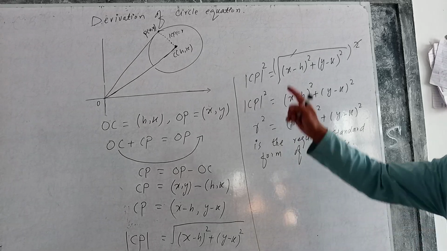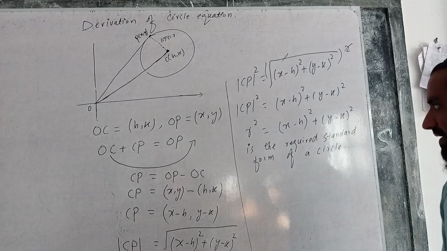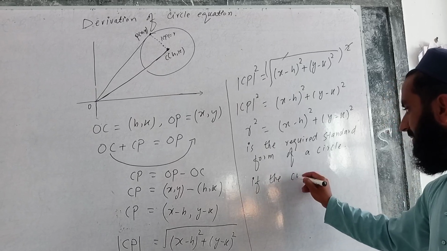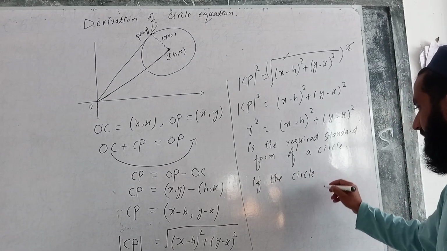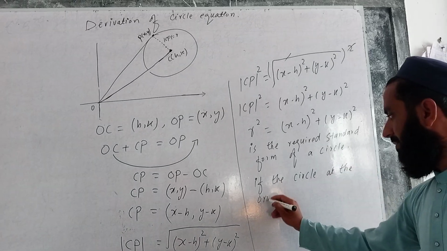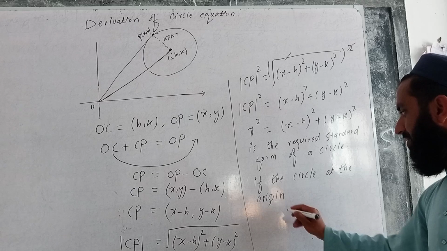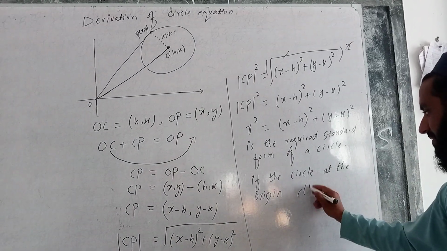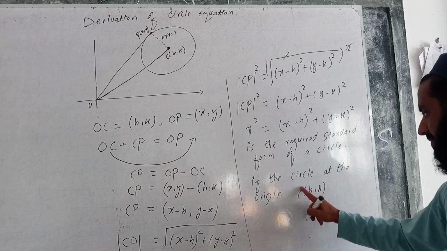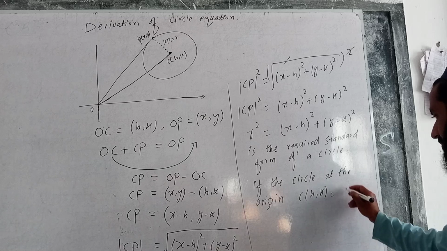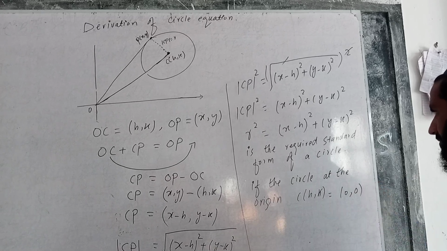But if the circle is at the origin, it means that C(h, k) is equal to (0, 0).